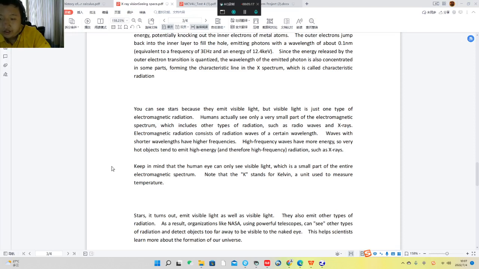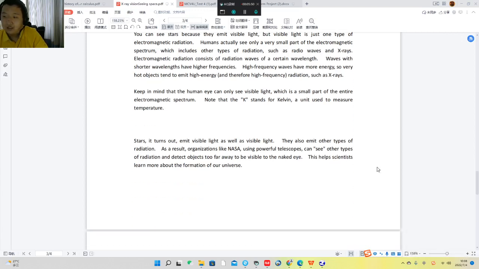Waves with shorter wavelengths have higher frequencies. High-frequency waves have more energy, so very hot objects tend to emit high-energy radiation, such as X-rays. Keep in mind that the human eye can only see visible light, which is a small part of the entire electromagnetic spectrum.